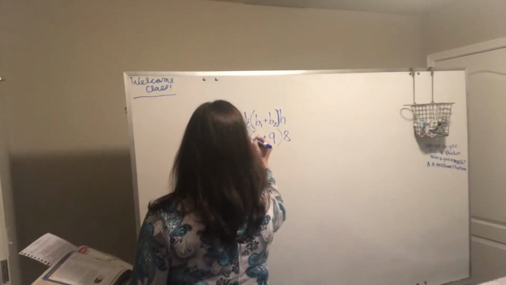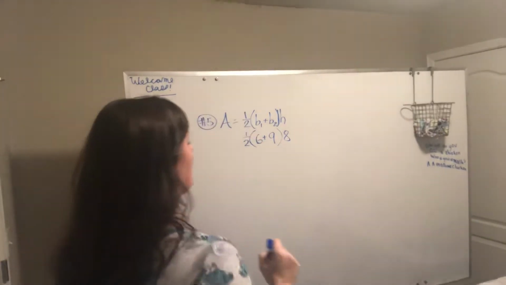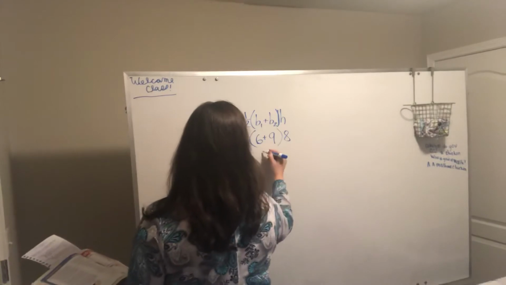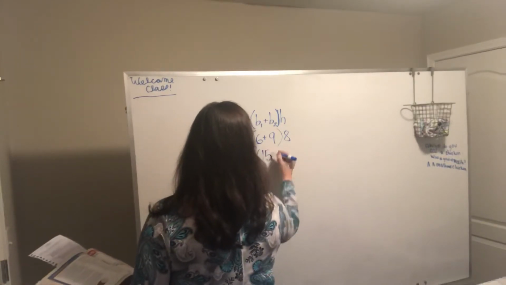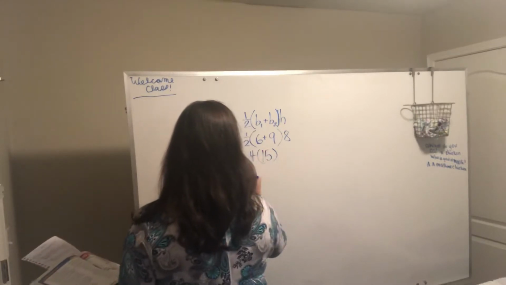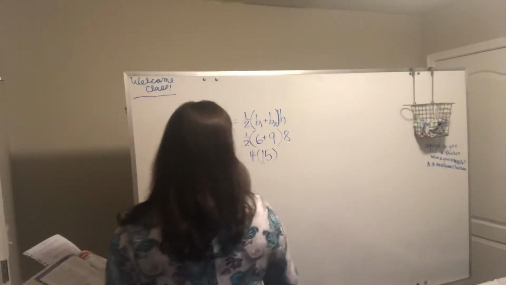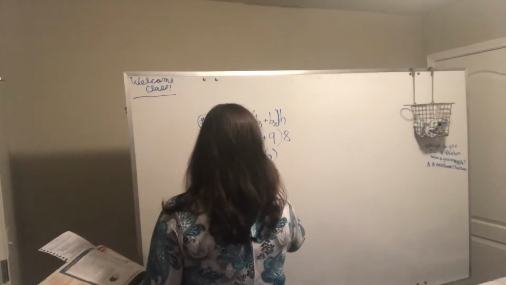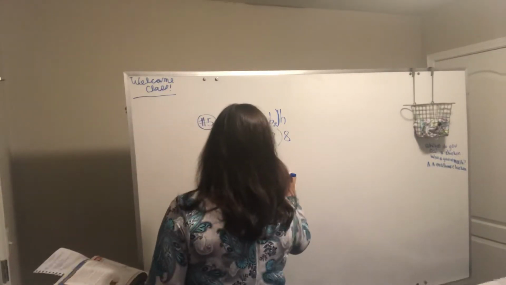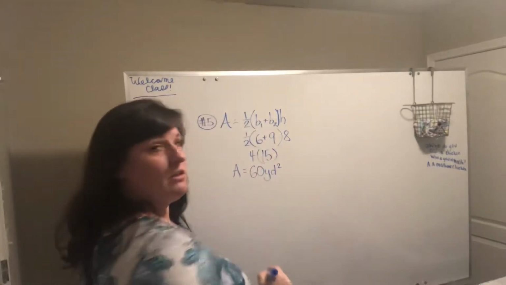Now, you can divide that height first. But always make sure you've added this. So 6 plus 9, we're at 15. Okay? I'm going to do 8 divided by 2, which is 4. Okay? So my area is 4 times 15, which ends up being 60. And the label there is yards squared.